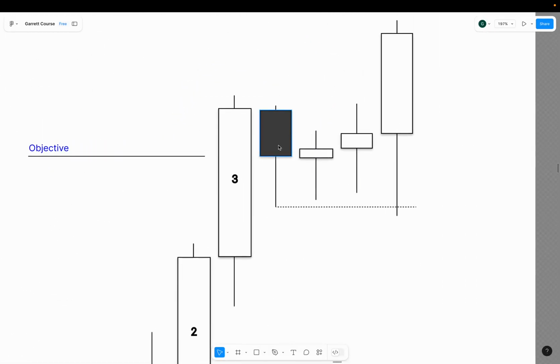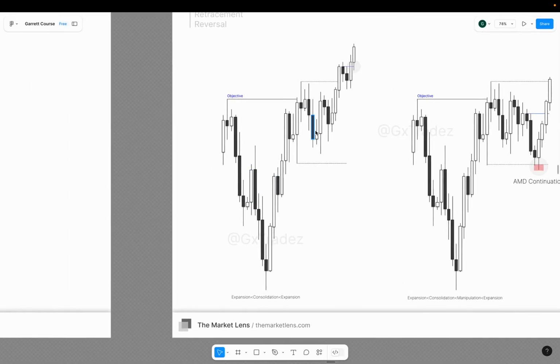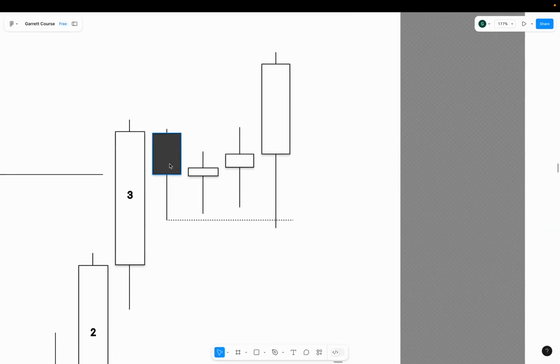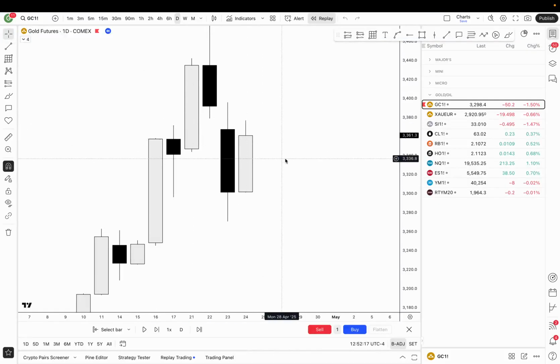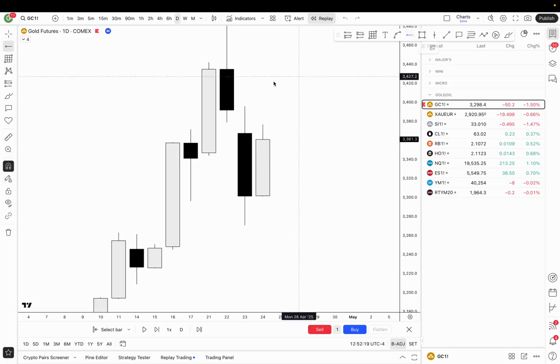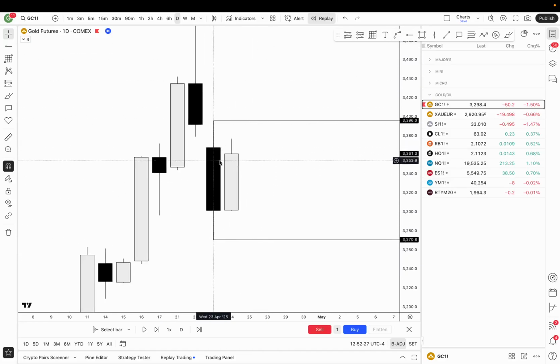On the higher time frame, the signature for a consolidation is when price stays inside of an actual high and low on the daily chart, but also when price just inside bars within the previous day. That's what you see here, and that can be on any time frame, by the way. Price has this consolidation high, consolidation low, and that's after expansion, after the weekly open high first. So this all points to bearishness.